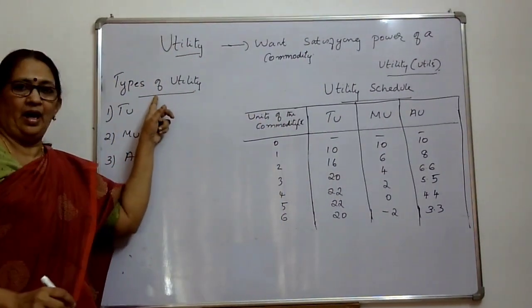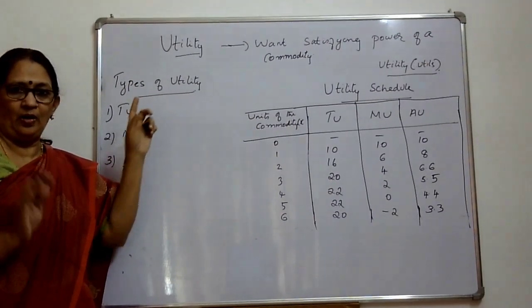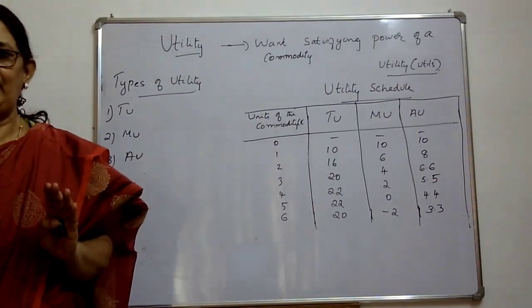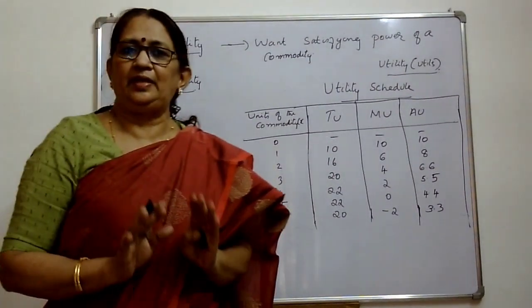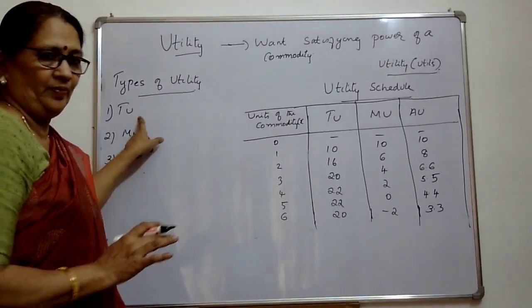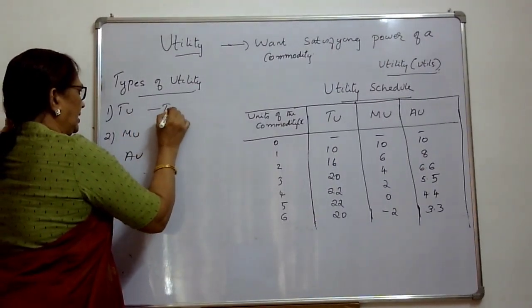And they are of three types, or we can say utility is expressed in three ways. Which are the three ways? Total utility, TU.